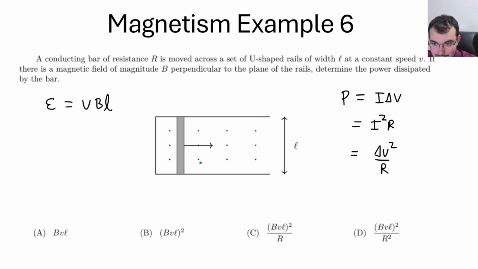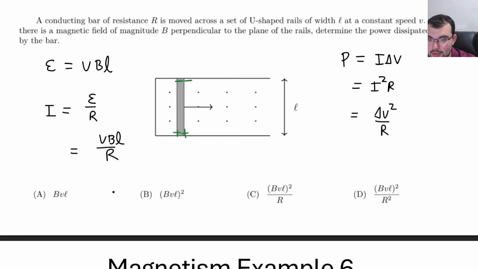And this is similar to last time where you got your positives that are going to cluster there. You got your negatives that are going to cluster there. So that means we're actually going to get, nope, we're going to get a clockwise current. So what is the current? Well, you could get the current from Ohm's law, VBL over R, and then you can just plug in.